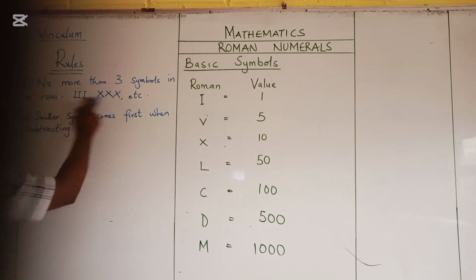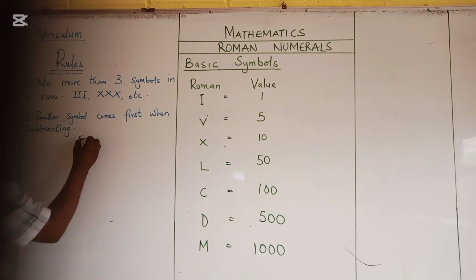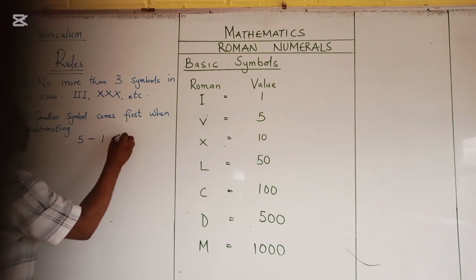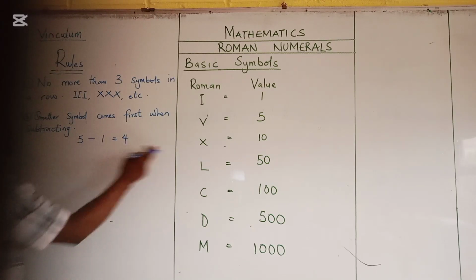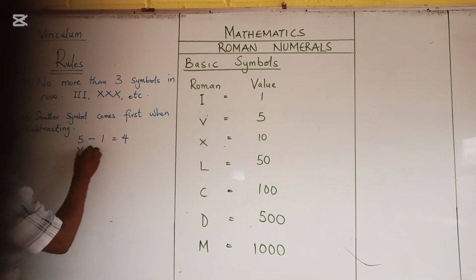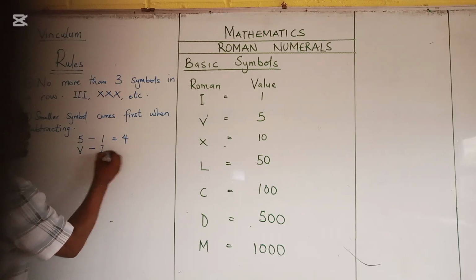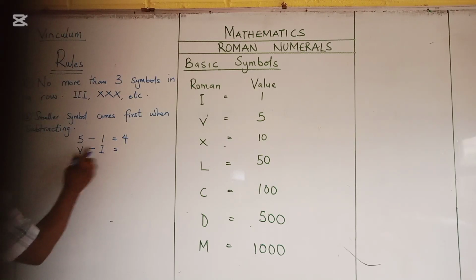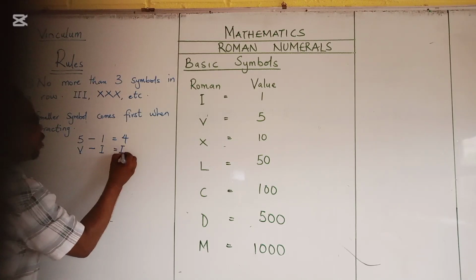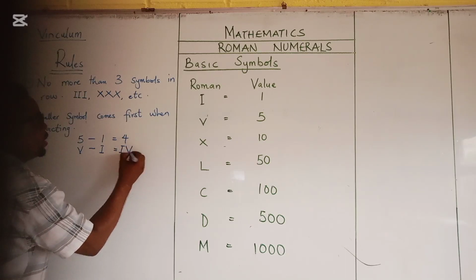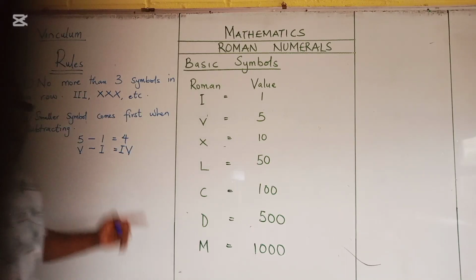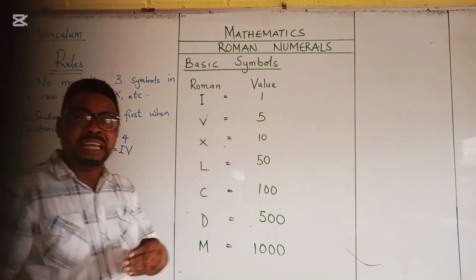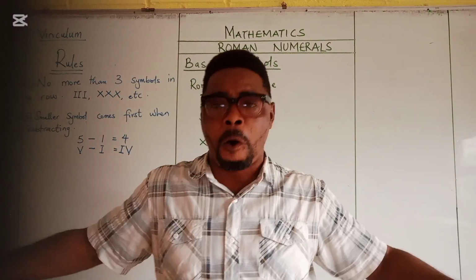Okay, I want to get my 4 now. To get 4 is 5 minus 1, and it will give me 4. So what is 5 here? 5 is V, minus what is 1? I. Because I'm subtracting now, the smaller one, I, comes first before the V.